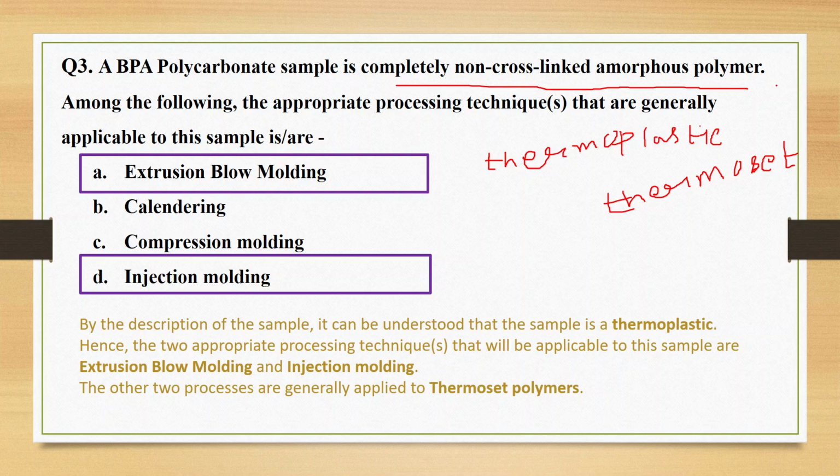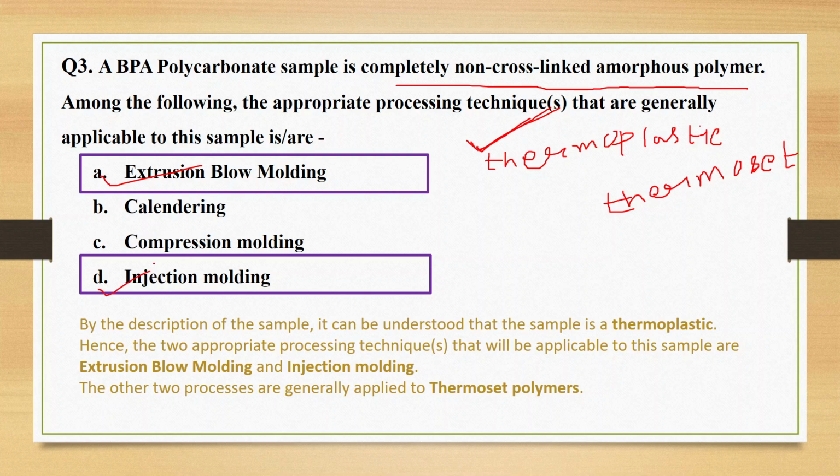So what does it mean? What kind of polymer are you dealing with? You are dealing with a thermoplastic, obviously, because in thermosets cross-linking happens, and only after that we get thermosets. So the polymer you are handling is not a thermoset but a thermoplastic. Only in case of thermoplastics can these processing techniques be used, like extrusion blow molding and injection molding.